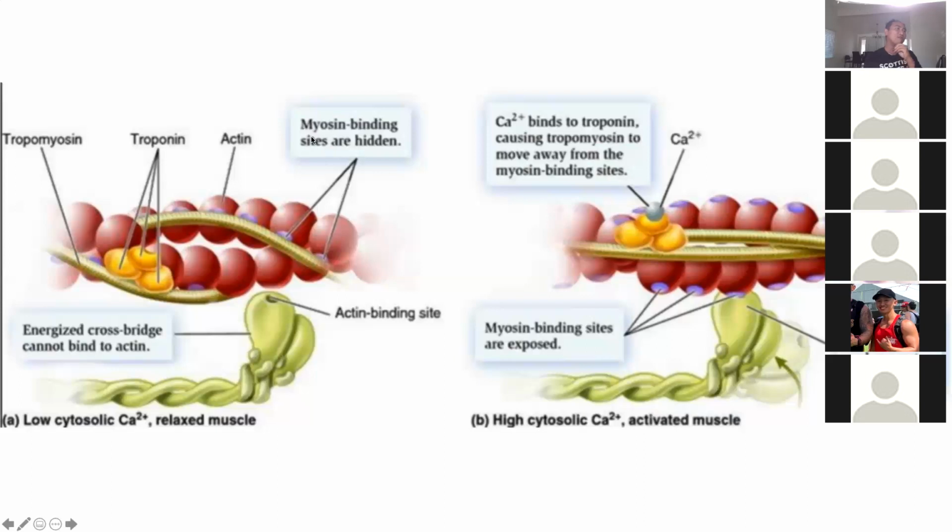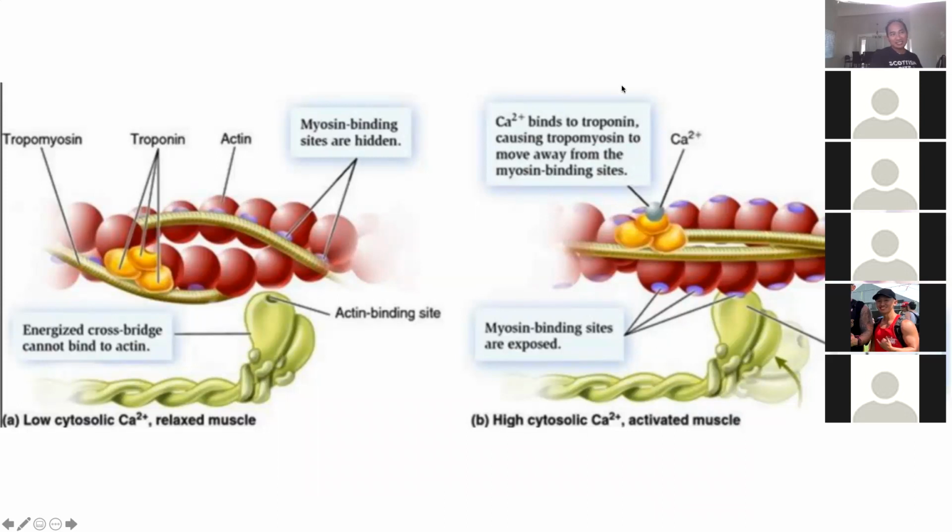That is what we call myosin binding sites. They are usually hidden or covered with a string called tropomyosin. So tropomyosin blocks the myosin attachment site of the actin. And you can see these little yellow structures here, which are called troponin.